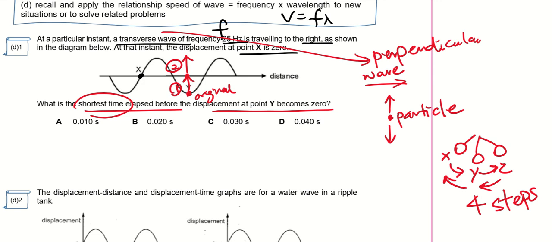Remember, in order to complete one wave, I draw out this. If I'm here, okay, how is it that it completes one wave? It must go to the highest point, go down to its original, go back to lowest, and then go back to its original. So in fact, you'll take 1, 2, 3, 4 steps.